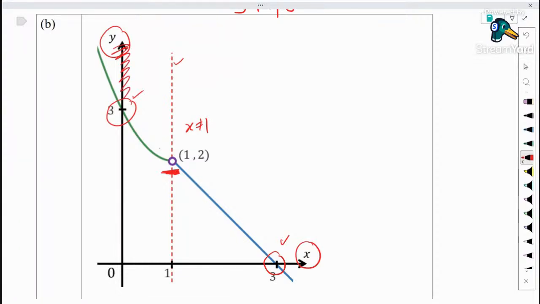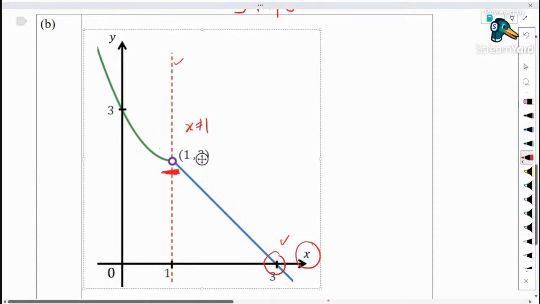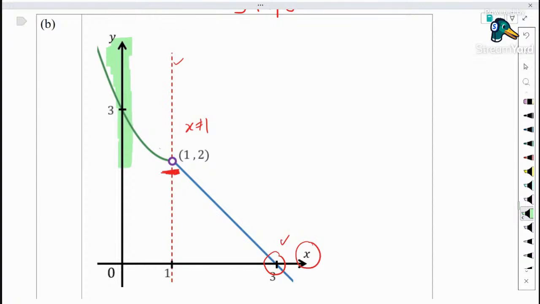Sorry, I think it's not a good idea to use the red pen here to do shading. So let's see, for the green graph here, we find out that it covers every single y value possible according to the green graph. For the blue graph, it covers every single y value as I shaded here.